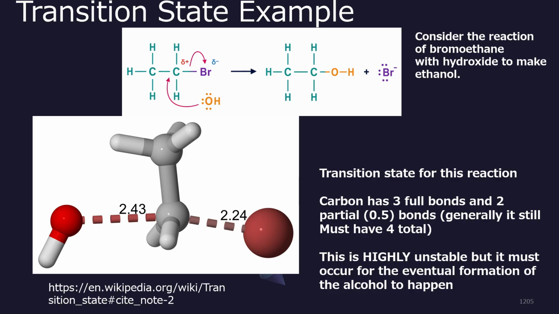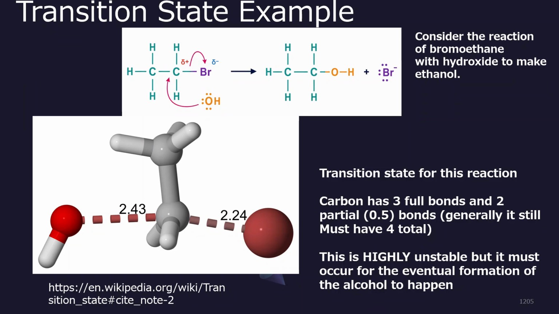Now this reaction has an activation energy, and it goes up to a transition state where the reacting carbon of the bromoethane will have to form and break some bonds simultaneously at the same time. So we have the OH coming in on the left and the Br minus leaving on the right. And I think these numbers 2.43 and 2.24 represent lengths, maybe in angstroms or some kind of length units.